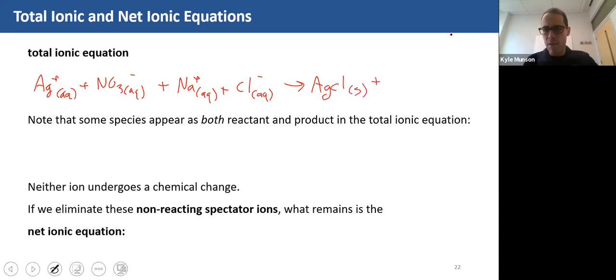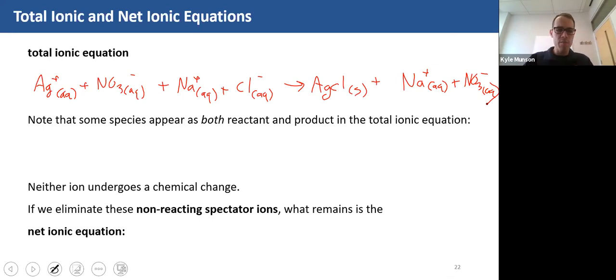Okay, let me just move my screen for a second. Whew, okay, so that's the total ionic equation. Wrote it kind of fast, so it might be a little messy, but that's the total ionic equation.